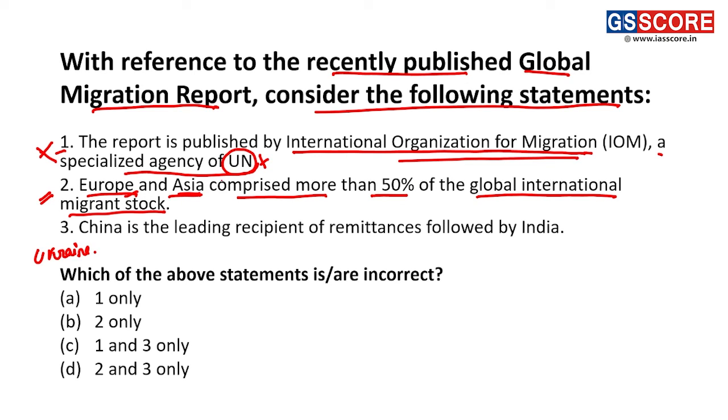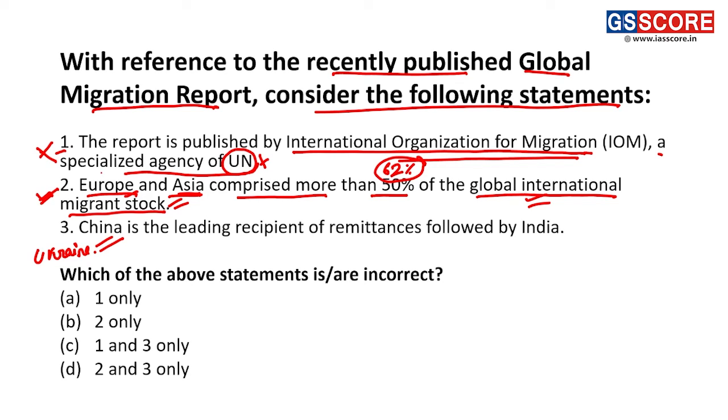Similarly, the countries of Western Asia, such as Iran, Iraq, Israel, then Saudi Arabia, India, have also welcomed migrants from the Ukraine region, which has increased the migration stock to almost 62% of the global international migration stock of the world.